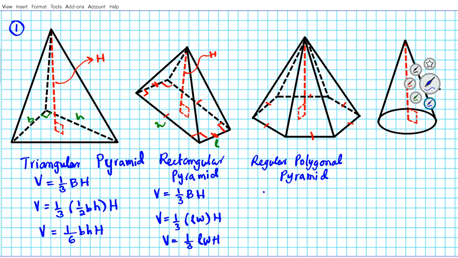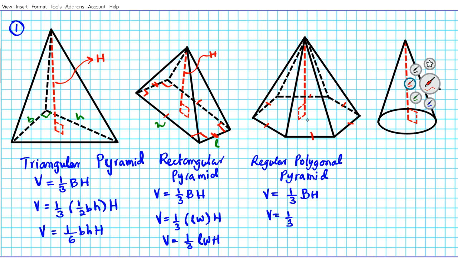Still following the same pattern, volume is equal to 1/3 area of the base times the height. Okay, and then this becomes 1/3 times the area of a polygon, which is 1/2 times the apothem multiplied by the perimeter. Okay, so let's mark the apothem here.